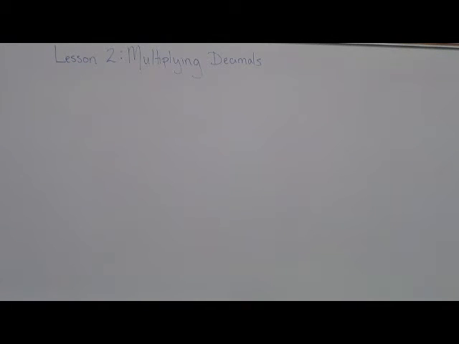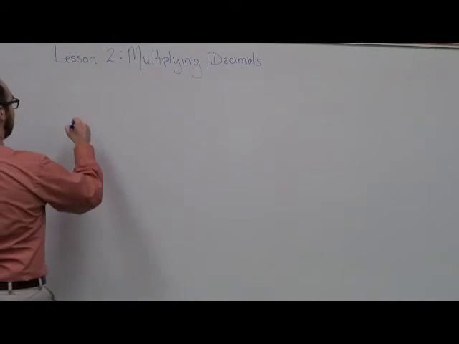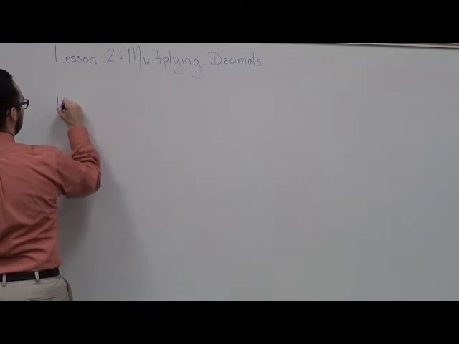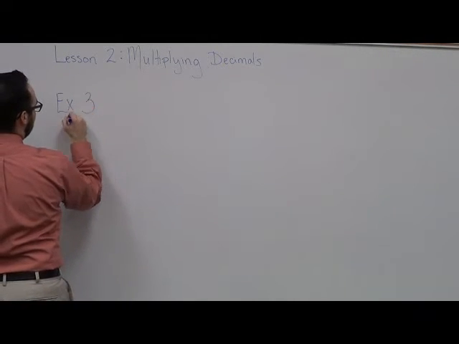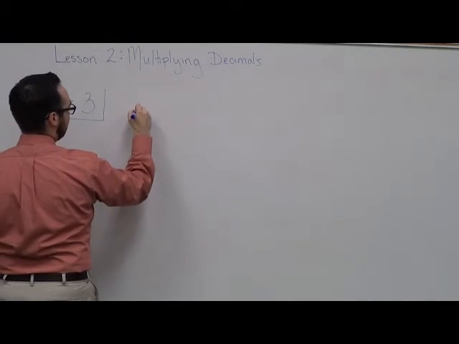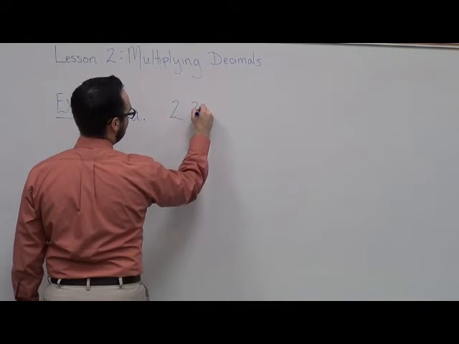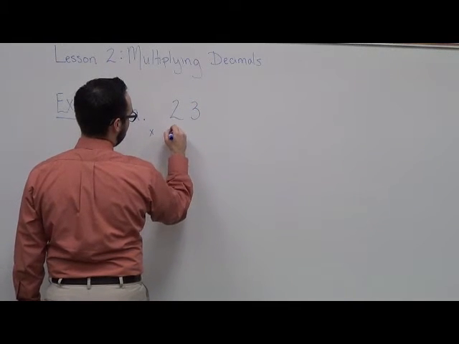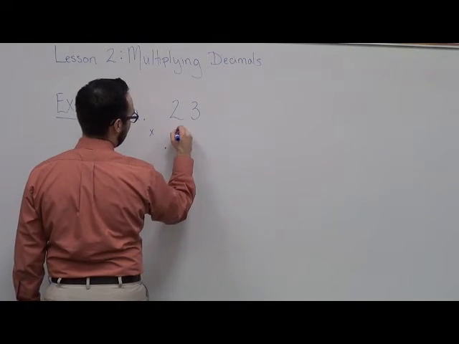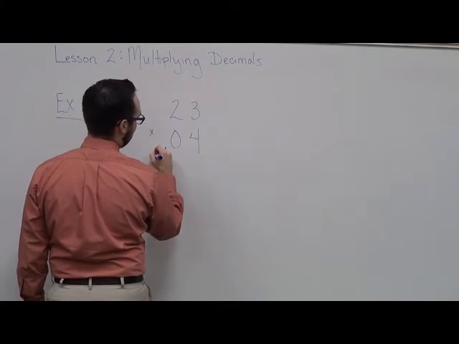So let's take a look at this. We'll call them examples 3A and B. Example 3A is going to be 23 times 0.04.